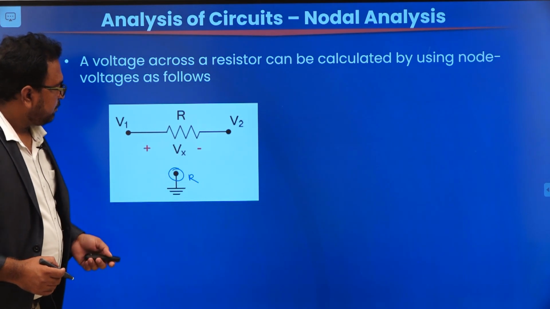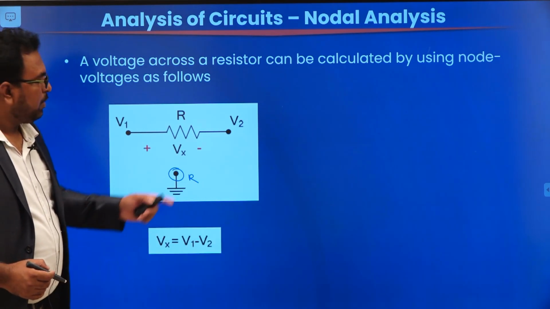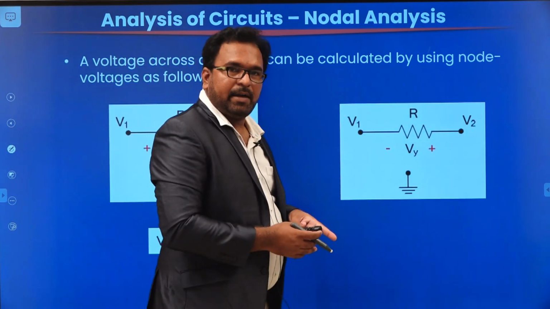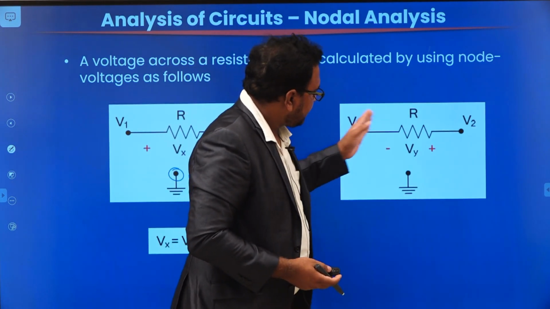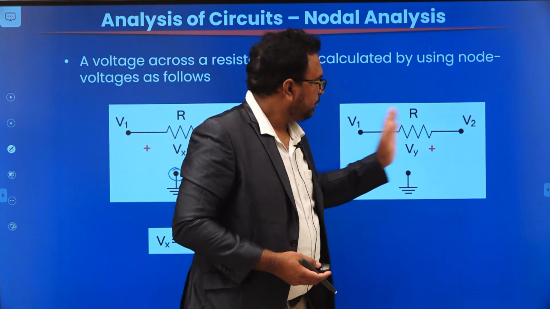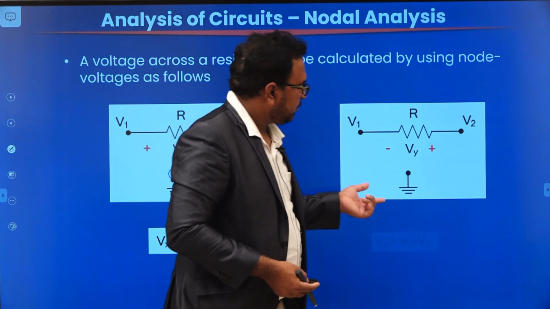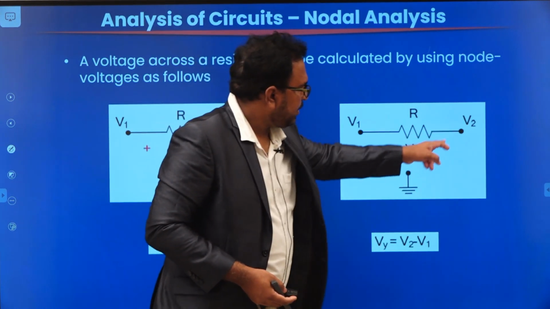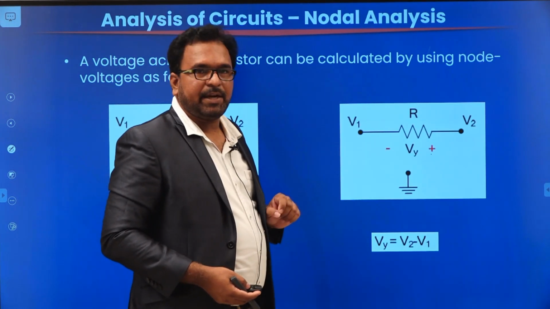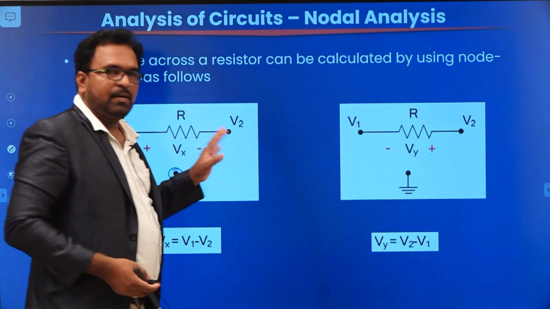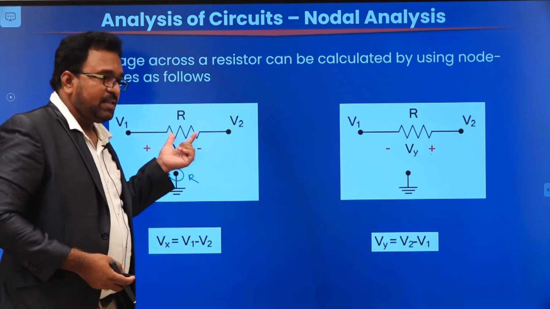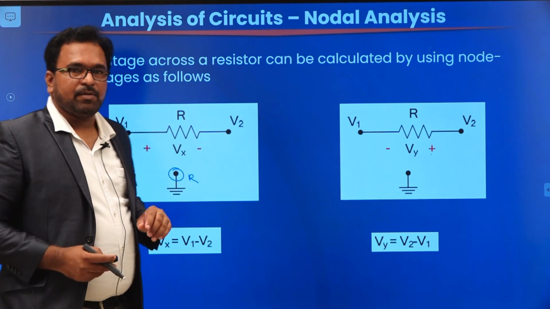Vx is then V1 minus V2. In this diagram, the same resistor is connected between V1 and V2, but the voltage Vy is V2 minus V1, because V2 is given as plus and V1 as negative. That is how you calculate the voltages across resistors connected between two essential nodes.